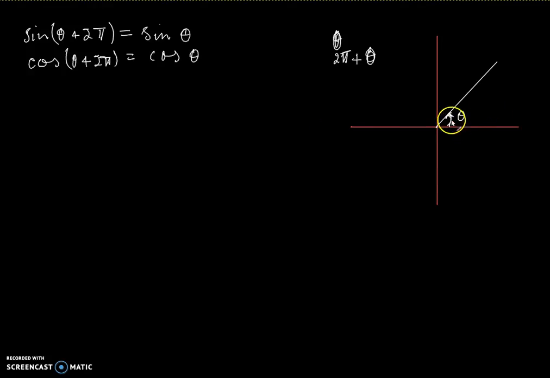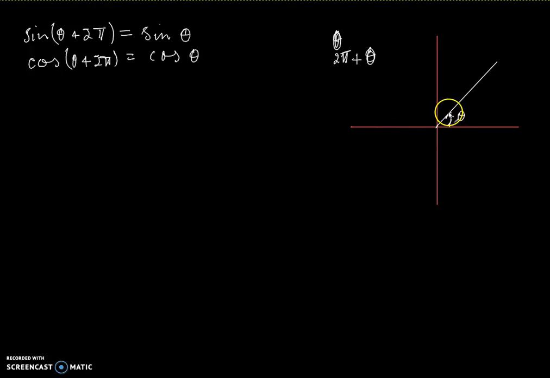Now because it takes 2 pi radians to end up at the same place in your unit circle, you say that the period of this function is 2 pi.